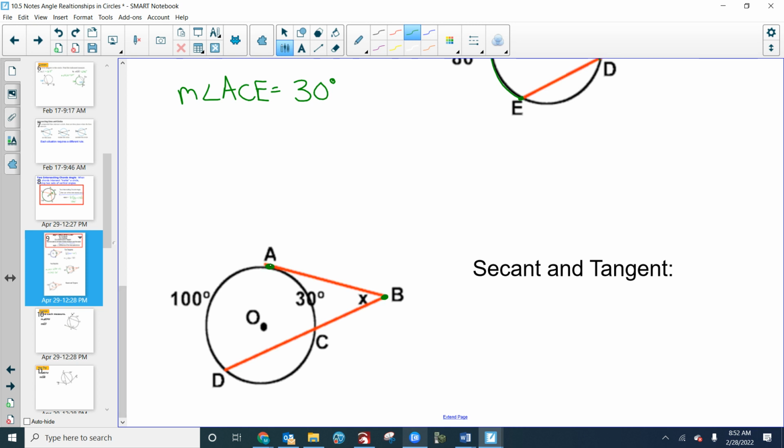What's the outer arc now? 100. And the inner arc is 30. Half of 100 minus 30.